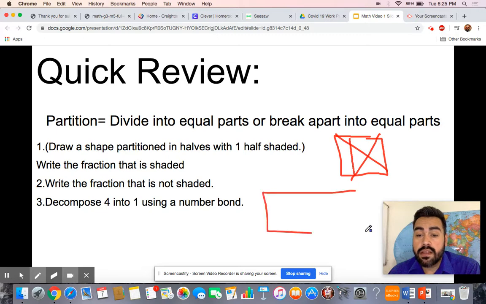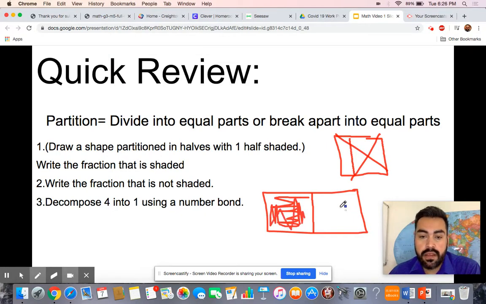So again, there's a perfect fraction right here. So it says, draw a shape partition in half with one half shaded. So here's my shaded one. We're going to pretend that's perfectly shaded in, and one half is not. Write the fraction that is shaded. So the fraction that's shaded is 1/2. The fraction that's not shaded or unshaded is 1/2.